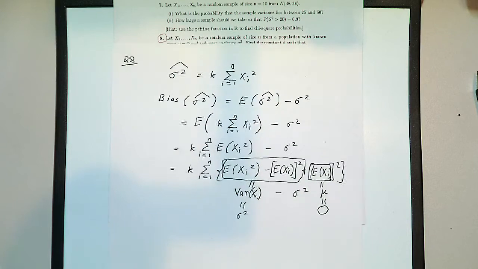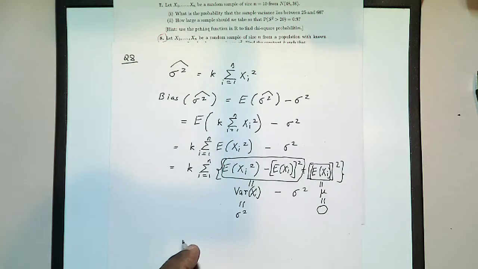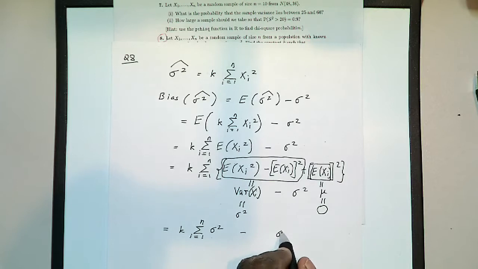Are you guys with me or not? Yes? No? Okay, so what you have is that this is equal to k times the sum of sigma squared minus sigma squared.